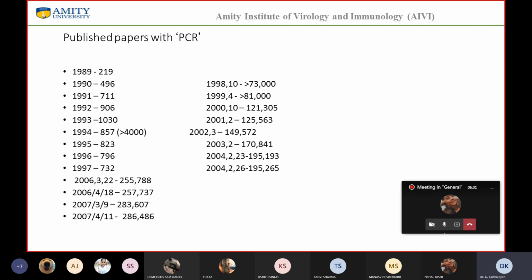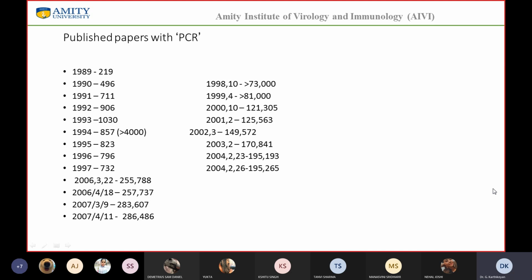PCR became a commonly accepted tool in the late 80s, and then in a matter of a few years, the technique had become so advanced that people were spending a lot of time optimizing PCR and making sure that it becomes a universally acceptable technique.